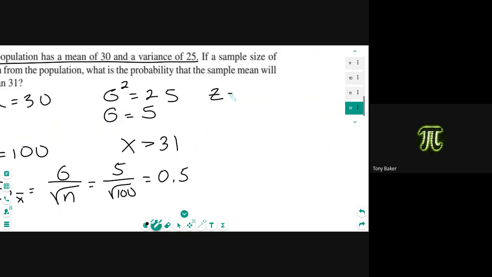How do I find my z-score? It was x minus the mean divided by the standard deviation, which in this case is that 0.5. So it is 31 minus 30 over 0.5, which is what? 2.